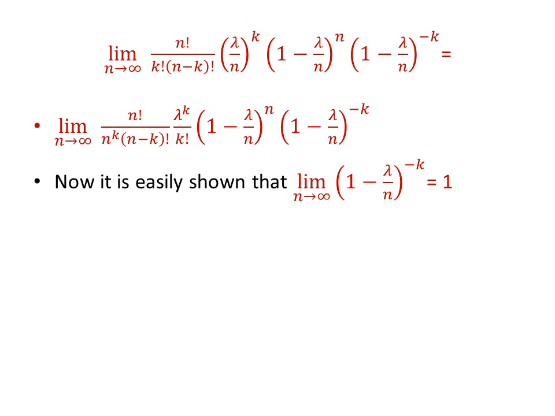Now it's pretty easily shown that this particular factor here that I'm circling approaches 1 as n gets larger. This fraction gets closer to 0, which means this number gets closer to 1, and of course 1 to any power equals 1. So we've just shown that as n increases, this factor goes to 1.